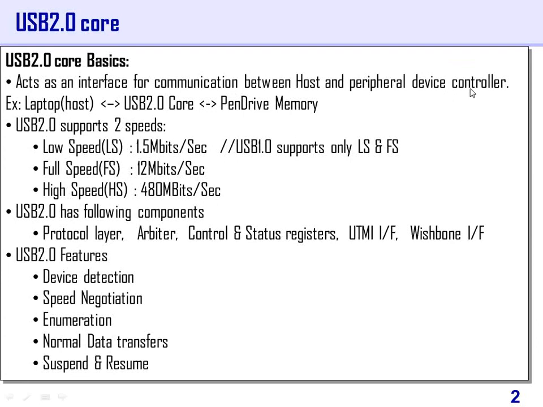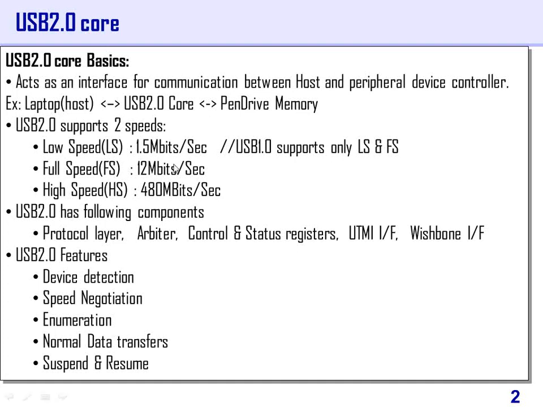Even a music player has a controller which actually plays the music. Actually playing music is different and fetching the data is different. Someone needs to get the data and give it to the music player, then the music player takes the data and starts playing. So someone needs to connect my laptop to the music player so that it gets the data. That role is fulfilled by USB 2.0. So where does it fit? Laptop, in between, USB core.